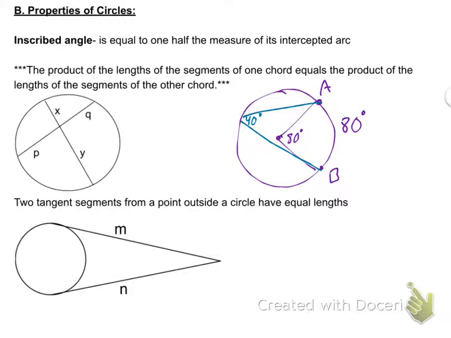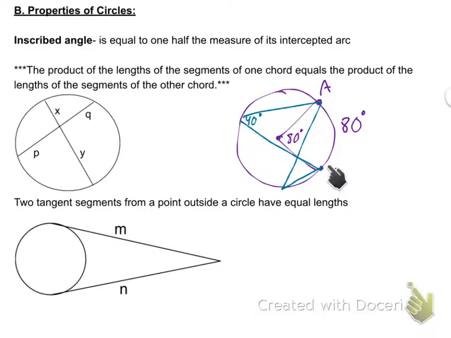But guys, guess what? Look at this. Watch this. What is the other one? It's half. It's not 20, it is 40. It's still 40 because look, this angle opens to A and to B, which has how many degrees?